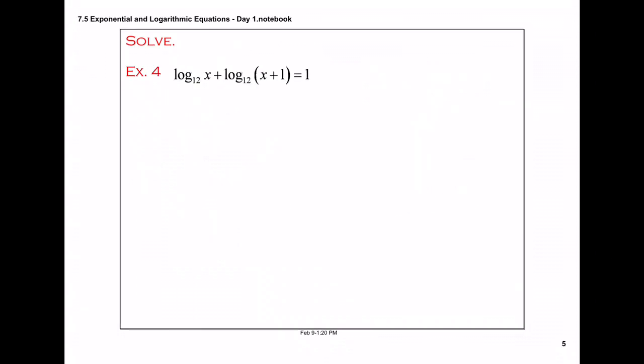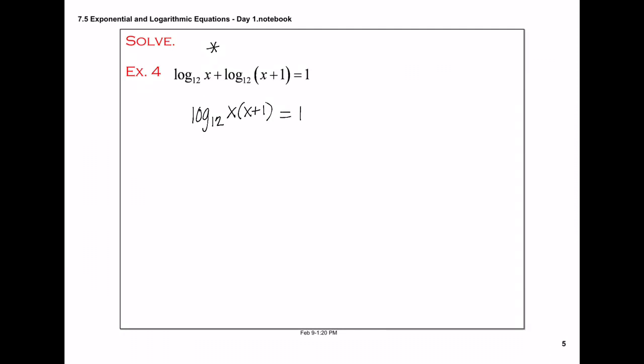Example number 4, I have log with a base of 12 of x plus log with a base of 12 of x plus 1 equals 1. So in this example, the first thing that I want to do is write it as a single log. So we write log with a base of 12 of x times x plus 1 is equal to 1.